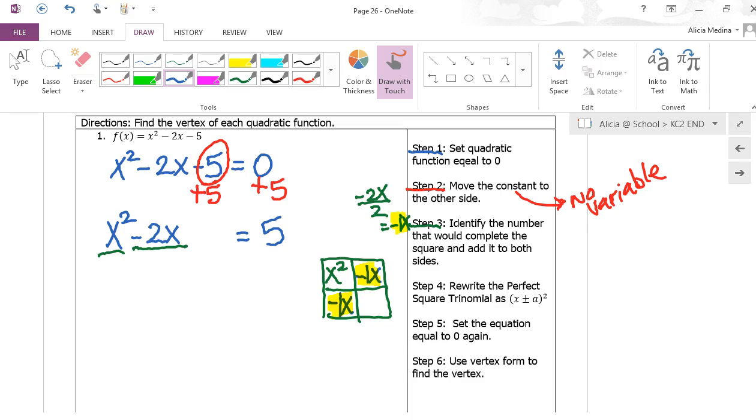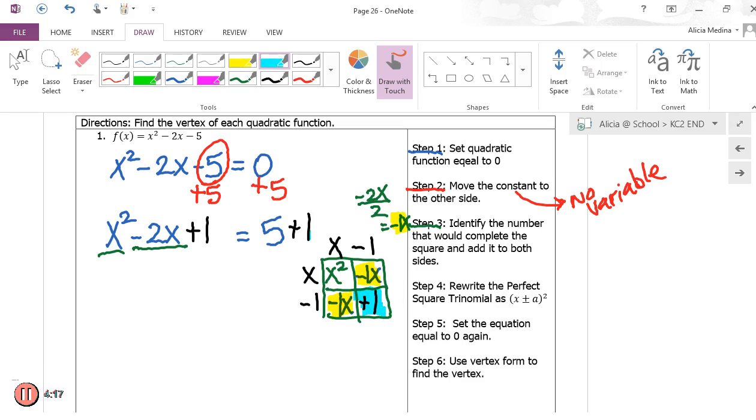And then I figure out what the outside of my parabola is going to be. So I have an x times an x, times a negative 1, x times a negative 1, which means my final box then, negative 1 times a negative 1, is a positive 1. That is the number that I need to add on both sides. So I have to make sure I add it to the left, and I have to add it to the right.